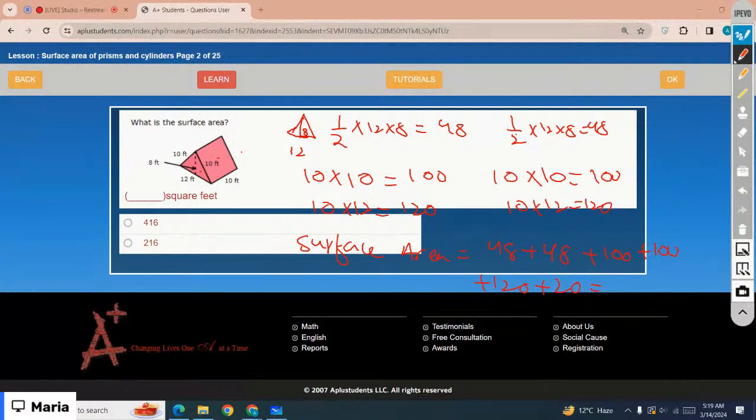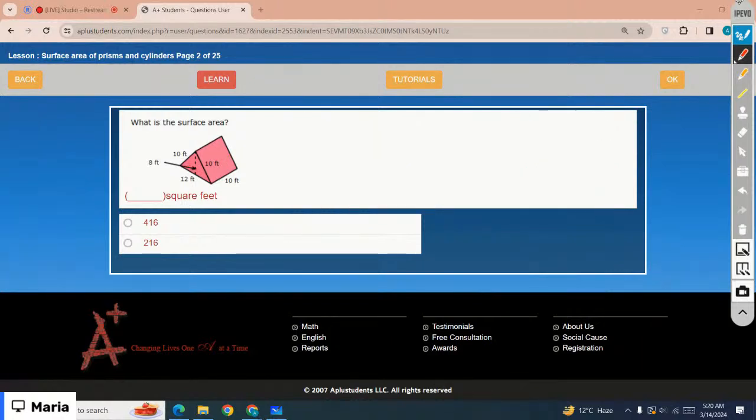No, sorry, you have only 5 faces. The base is only one. You have the one base and 5 faces in total: 1, 2, 3, 4, and 5. So the correct option is 416. Got it?